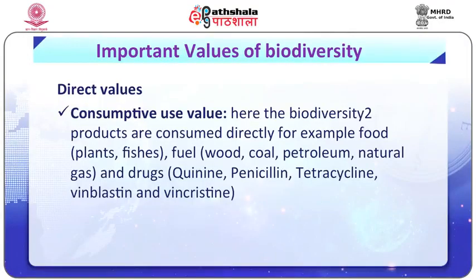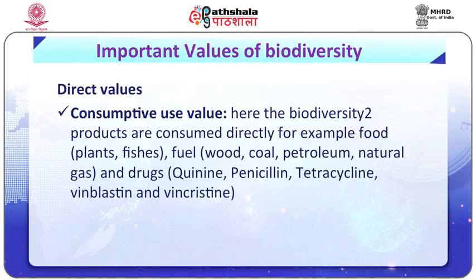Important values of biodiversity. Values related to biodiversity can be grouped into two categories as below: direct values and indirect values. Direct values. The direct values include: first, consumptive use value, 2, productive use value. Consumptive use value.